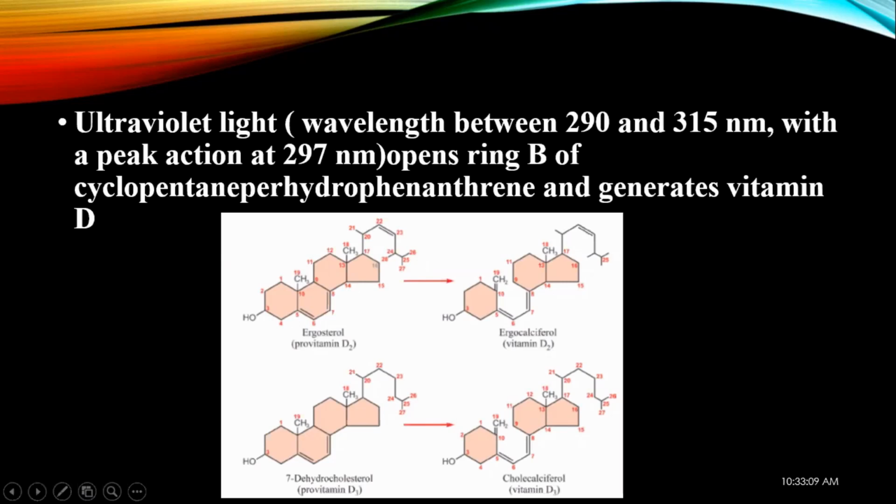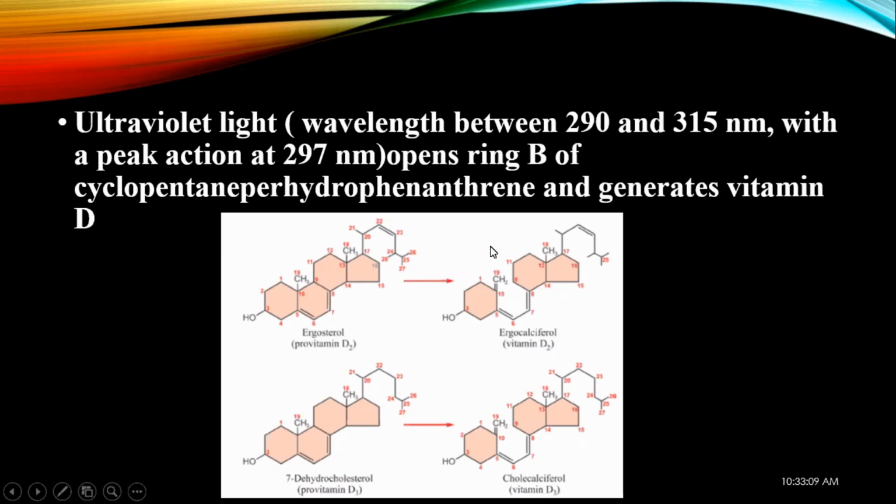Here the B ring of the steroid is open, and because of that, ergocalciferol and cholecalciferol are also called secosteroids. Where the B ring is closed, they are called steroids, and these vitamin D forms, where the B ring is opened, are called secosteroids.